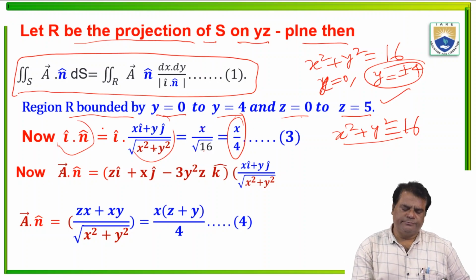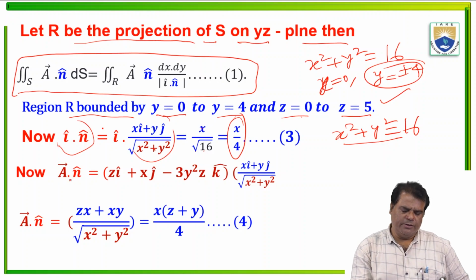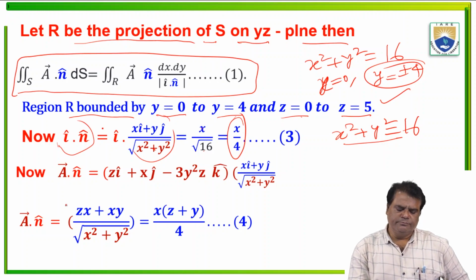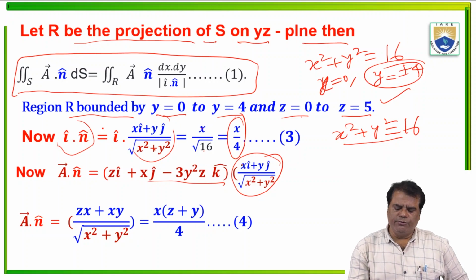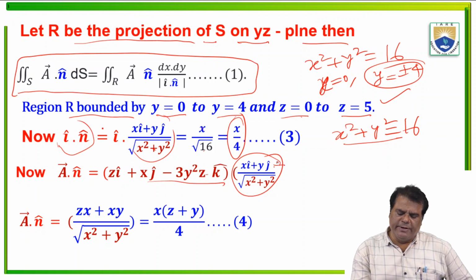Now finding A vector dot n cap. So A vector is this and this is n cap. Now taking dot product, i to i means zx and j to j means xy, plus the other result: in the second vector there is no k, 0k, so this result multiplied by 0.